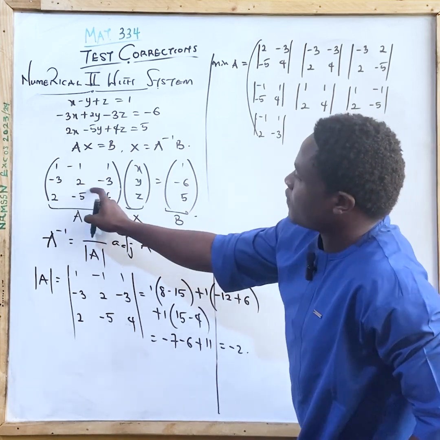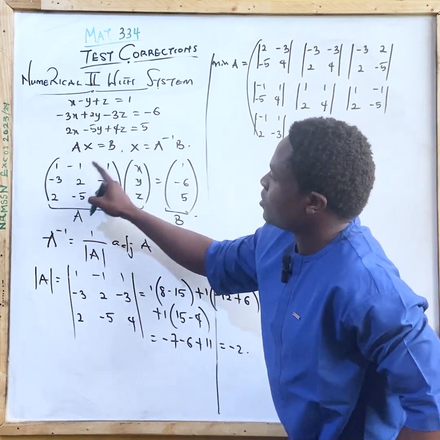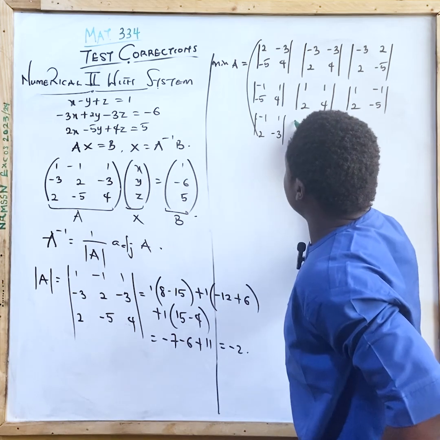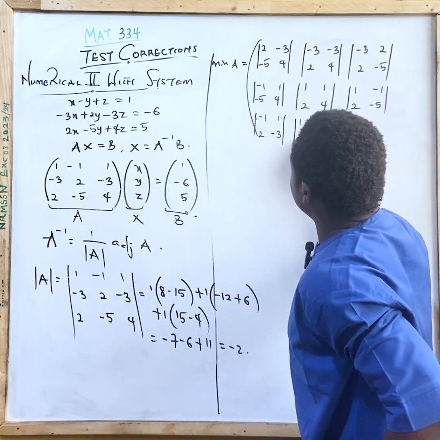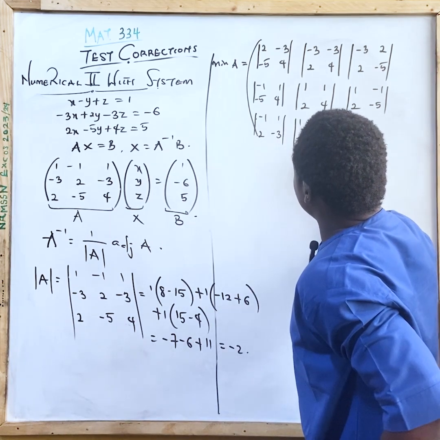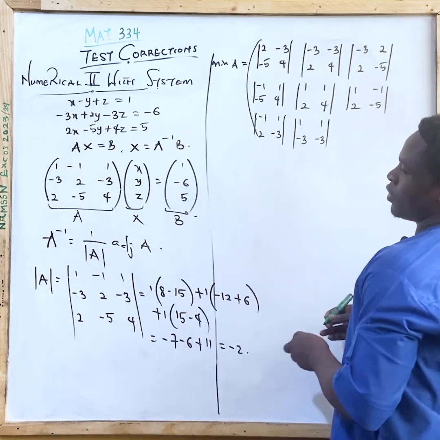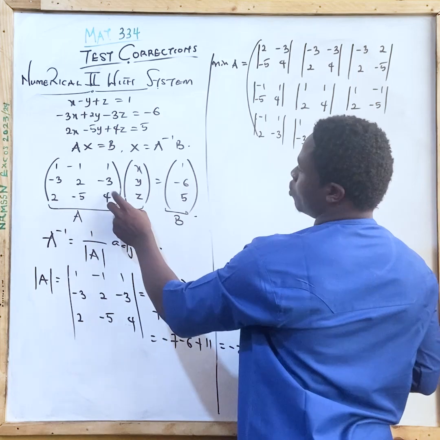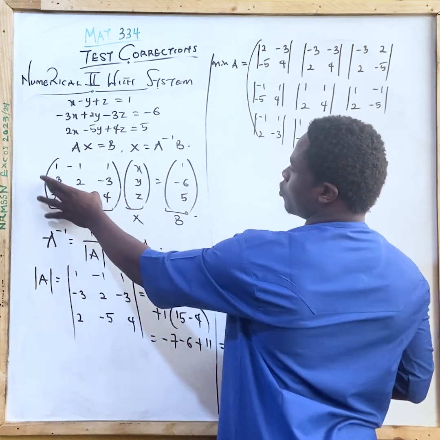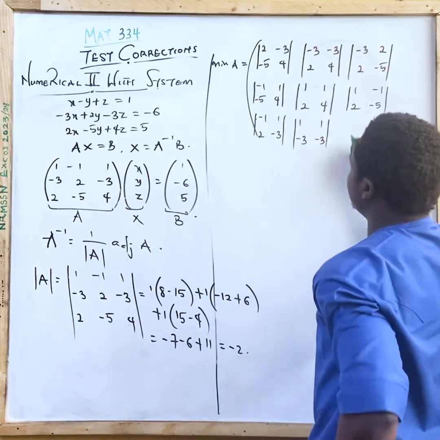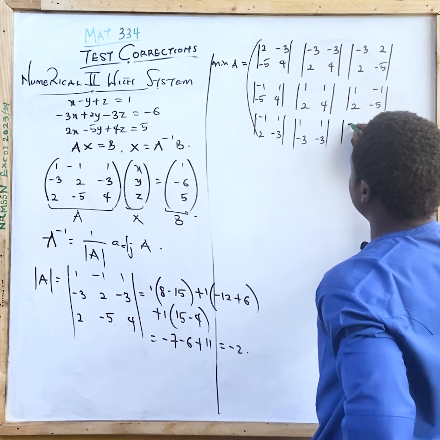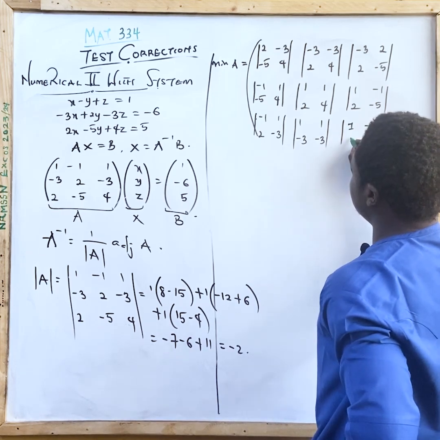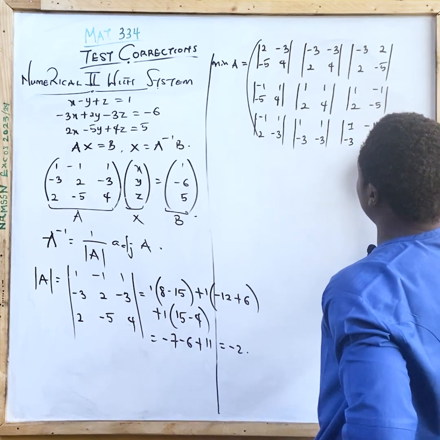The minor of minus 5 is 1, 1 minus 3 minus 3. Okay, so the minor of 4 then will be 1 minus 1 minus 3, 2.